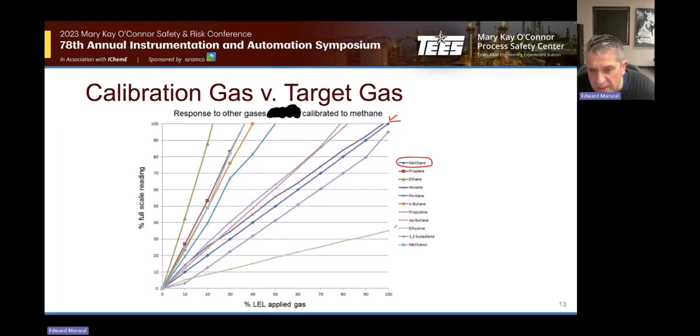If I go down here and look at ethylene, this bottom line here, if you calibrate to 100% methane but you're trying to measure ethylene, that 100% methane is actually only 35% of LFL for ethylene. But you'll see that you have a pretty straight line here, so just doing a scaling factor is going to give you relatively good results.